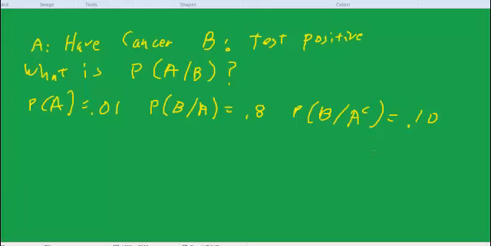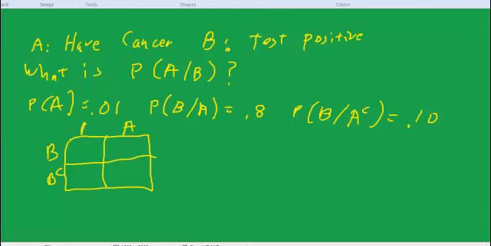So that's the information we're given, and we can use it to solve the problem using our box and triangle methods. Let's do that quickly. Okay, so we have our friends A and B and BC and AC. We know that A is 0.01, which means that AC is 0.99. We don't have B, so we're going to have to solve for B using triangles.